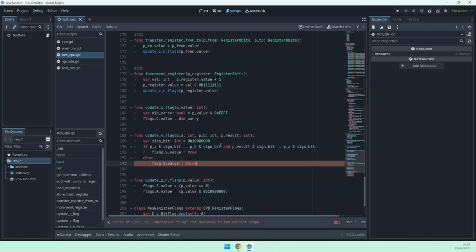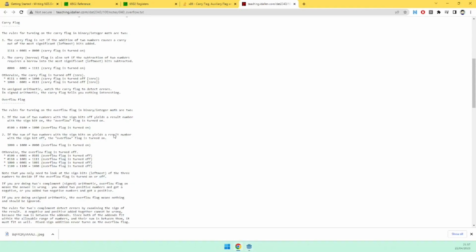So if they were the same and the result is different, it is set. Why is this an error? It's flags, not flag. Okay. Let's check if this is correct.